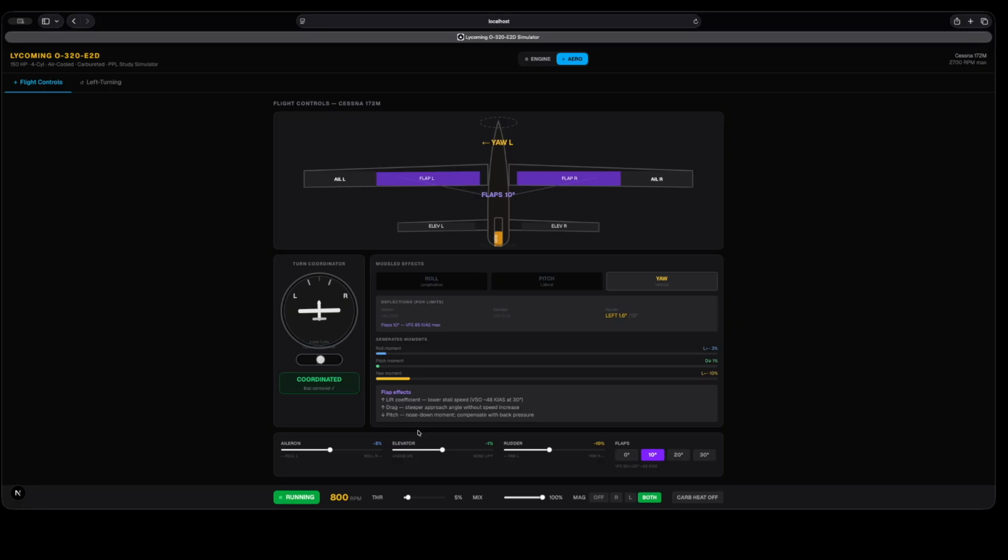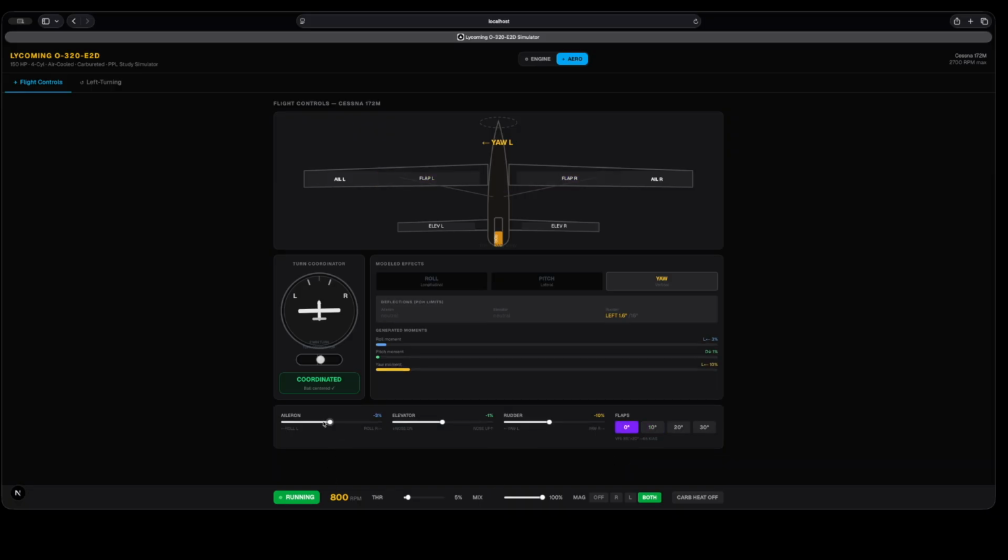The main purpose of the flaps is to allow you to descend without accelerating. So normally, without flaps, if you applied nose down pitch, gravity would accelerate you.